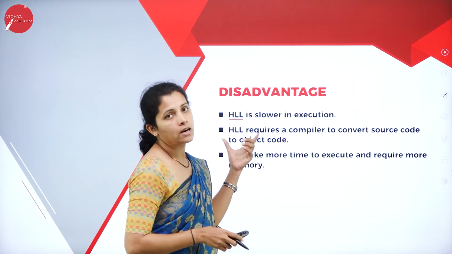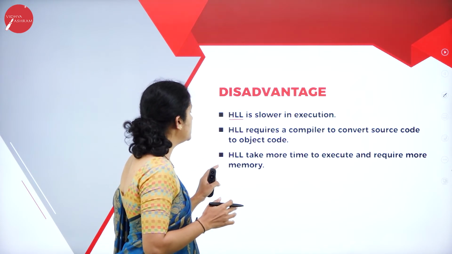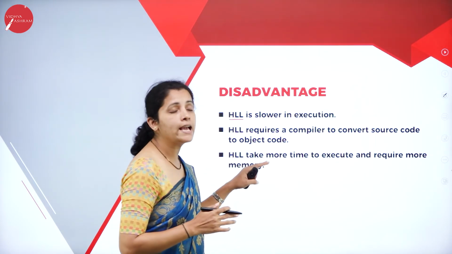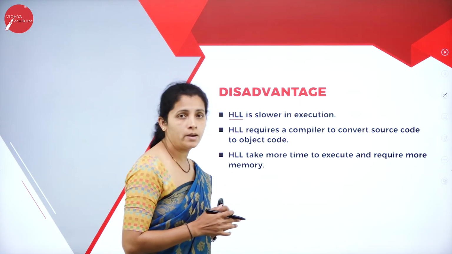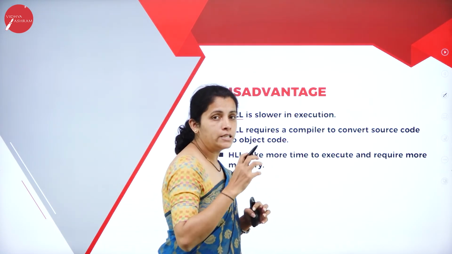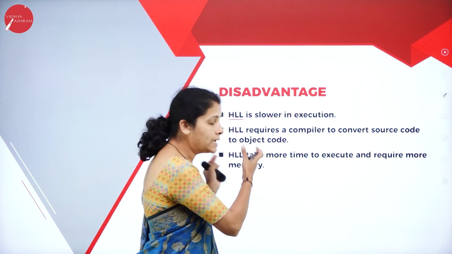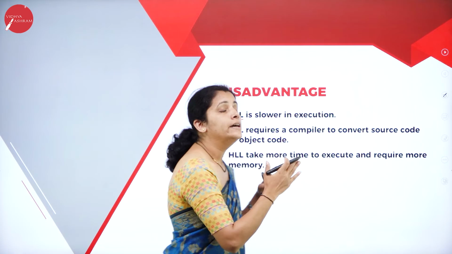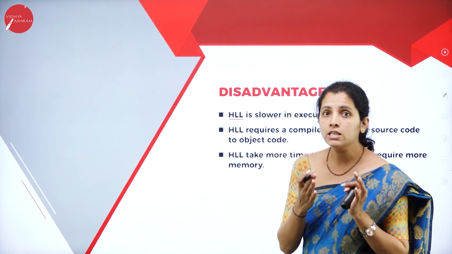The last disadvantage is that high level language takes more time to execute and requires more memory. To execute high level programs, we require much time, and it takes more memory space.